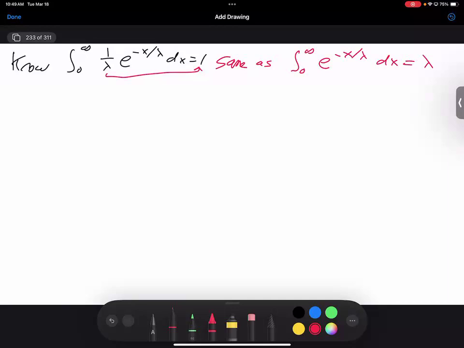I don't have to do this, but it just makes the algebra a little bit simpler. Okay, so we want to take the derivative of both sides with respect to lambda. Anything else you might want to do to both sides after you take the derivative with respect to lambda?